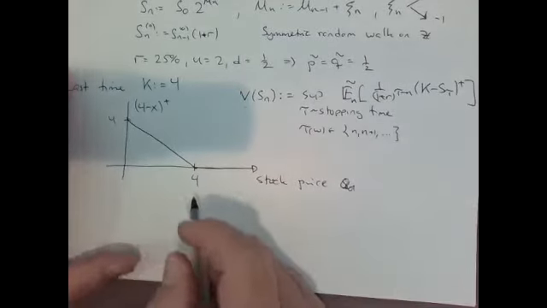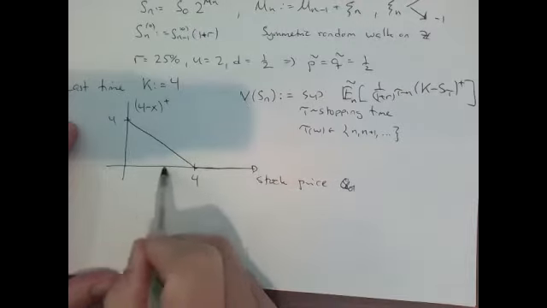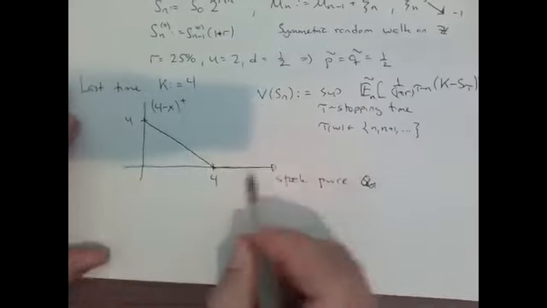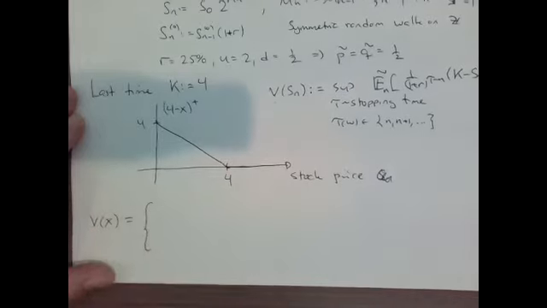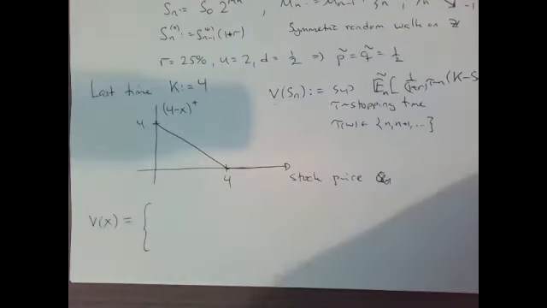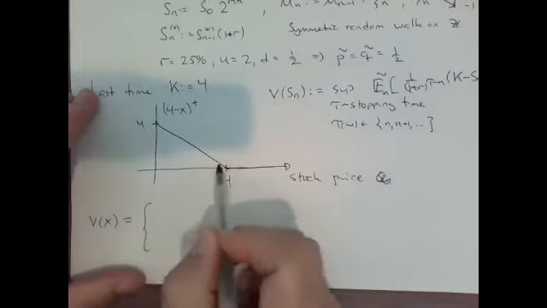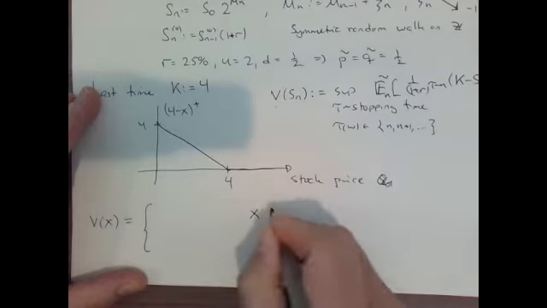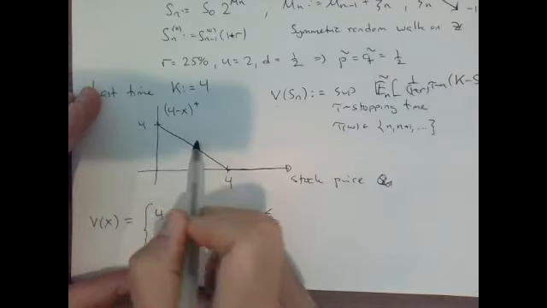We were playing with that last time, and we were saying that when S is very small, so when we're down here, V is just going to be this straight line. So we had our conjecture for V of x. We were conjecturing that the value function should have this form: for small x, it would be 4 minus x, so we're on a straight line.